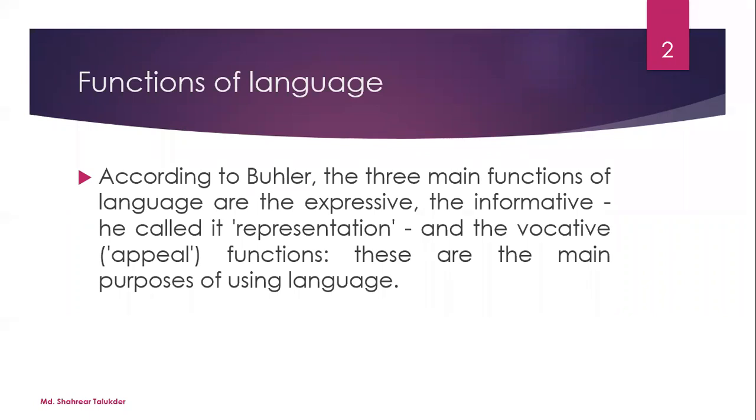That's why it is called expressive. And vocative, you can see, is appeal. I hope you know the meaning of the word appeal. Vocative or appeal means how that language appeals to you, and it is also called addressing. So we have the expressive function, the informative function, and the vocative function. These are the three main functions of language.